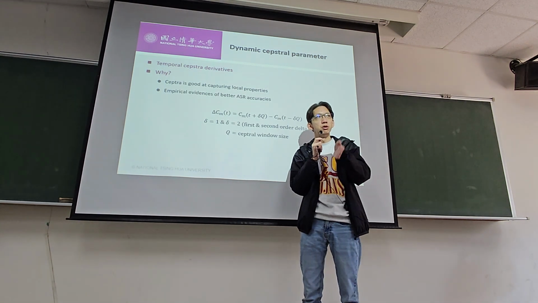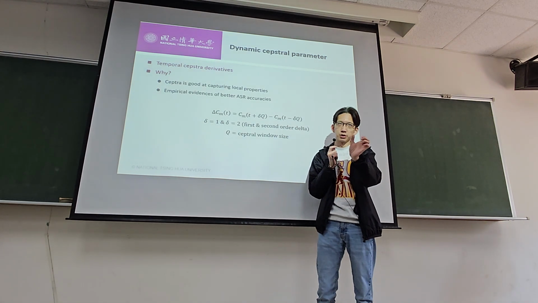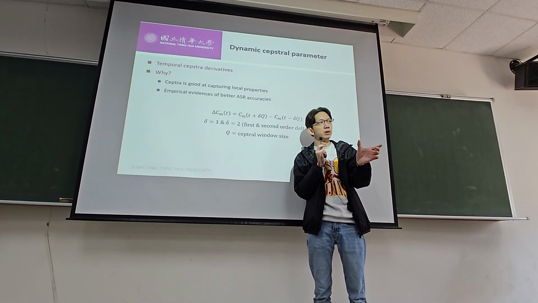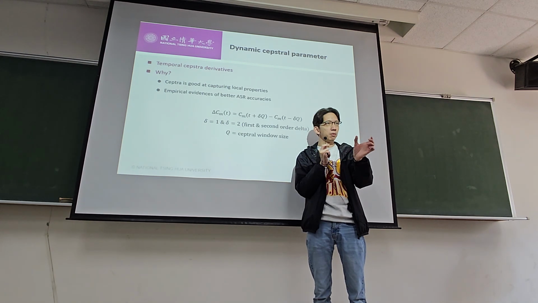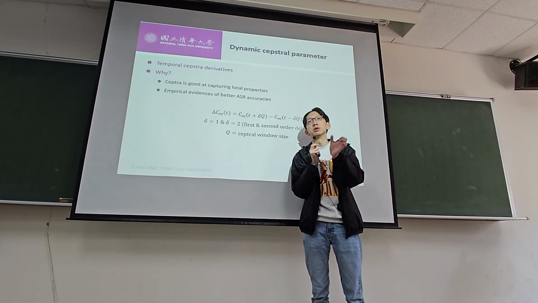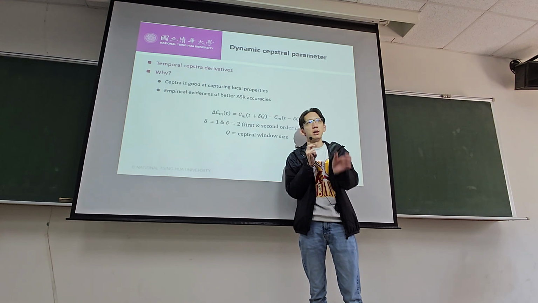Originally you take a frame and compute your cepstrum coefficients. Then you look at what your previous frames are and compute additional differences between your current frame and the previous frame, and the second order differences, using all those differences as also a representation for that particular frame.